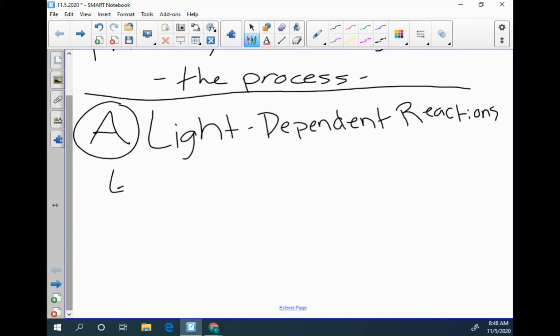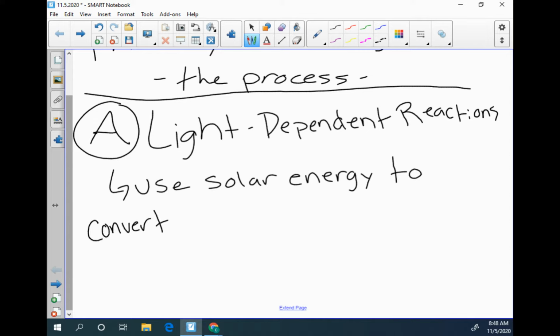So we use solar energy to convert ADP and NADP plus to ATP and NADPH.